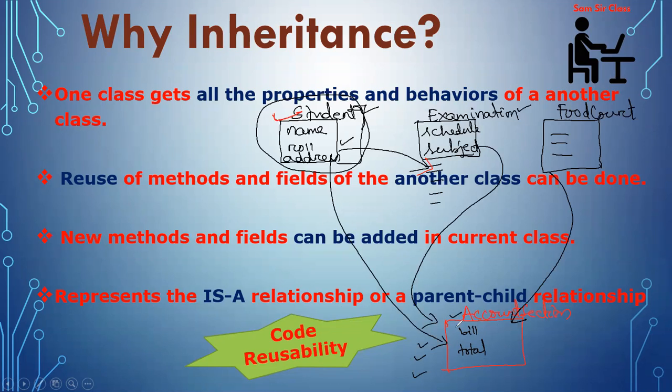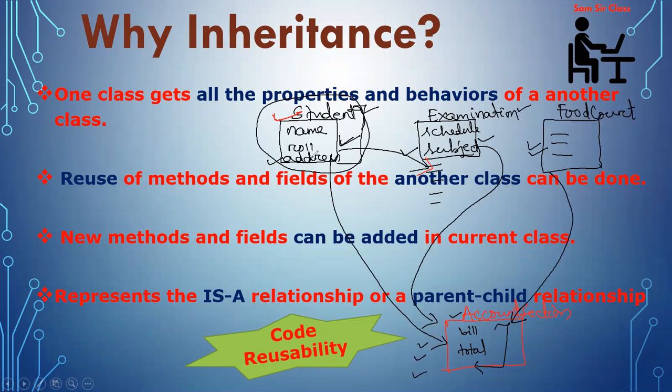Along with these variables, they need the student details, the examination details, and the food court details. So instead of writing the student class, examination class, and food court class again, the account section will only access the details of those classes.